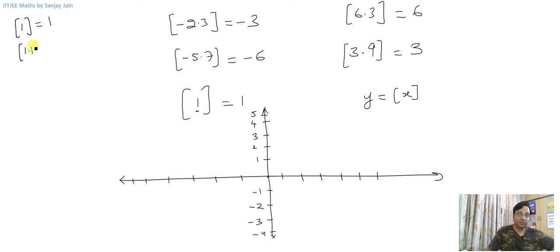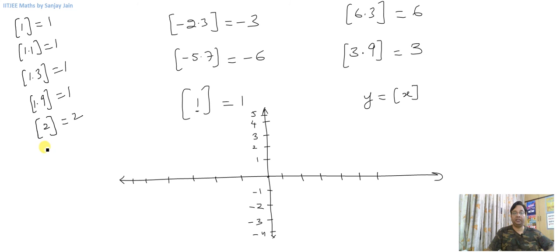When I put 1.1, I'll get a value 1. When I put 1.3, I'll get 1. Up to which value I'll get 1? If I put 1.9, I'll get 1. If I put 2 here, then I'll get 2, right? Or when I increase these values, I'll get 2. And up to 3, I'll keep getting 2. So between this, let us say this is 1, this is 2.